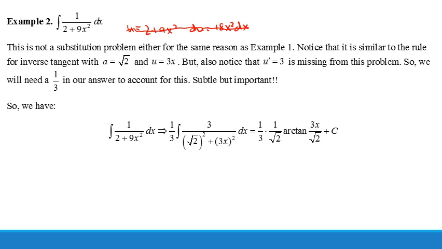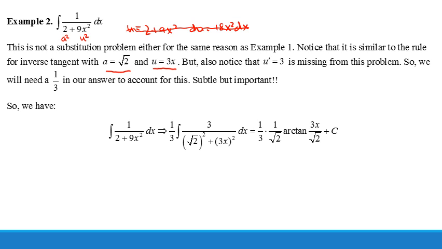Okay, so I try something different, and I remember my rule about arctangent, and remember that this 2 represents a squared, and this 9x squared represents my u squared. Okay. So if a squared is equal to 2, that means that a is going to equal the square root of 2. And if u squared is 9x squared, then if I take the square root of that, then u is going to equal 3x.